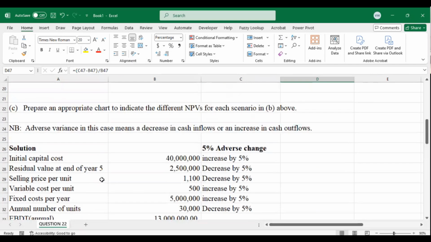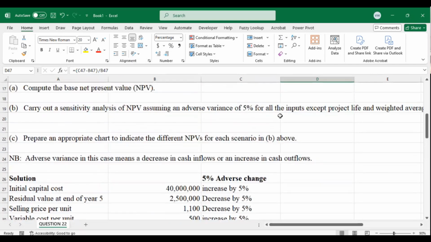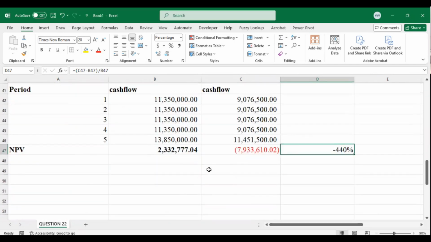Now we have been able to carry out sensitivity analysis and made sense of this.